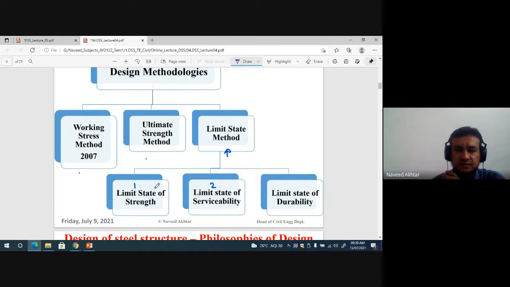If it meets both conditions, then you can say that the design is safe, and you can suggest the particular member with that size and shape of the member in design.